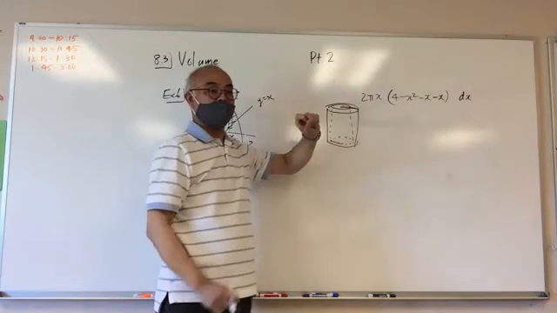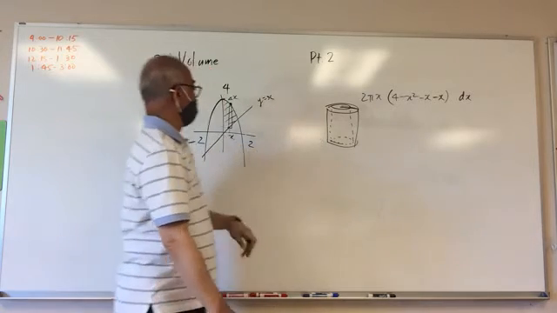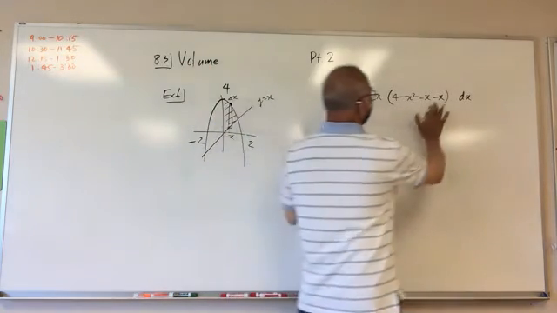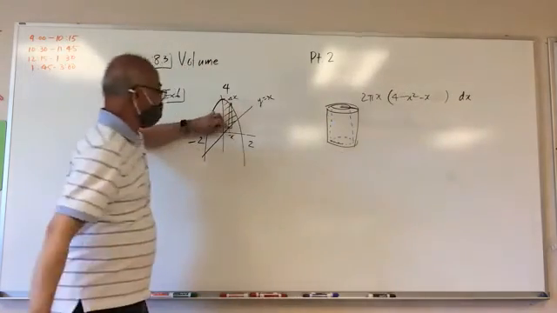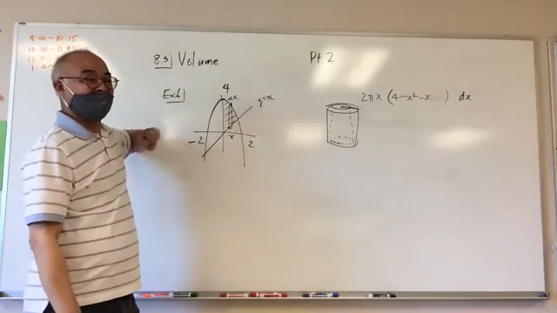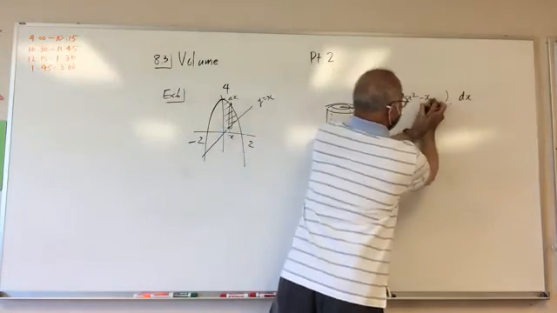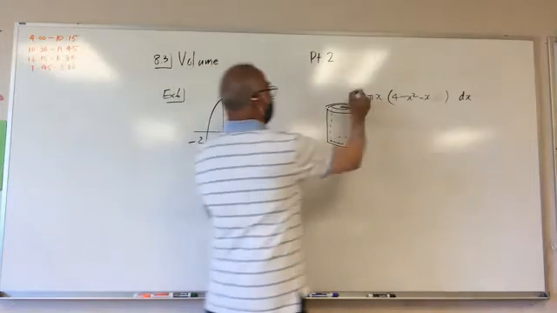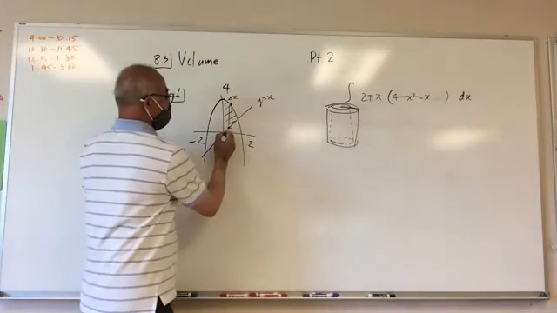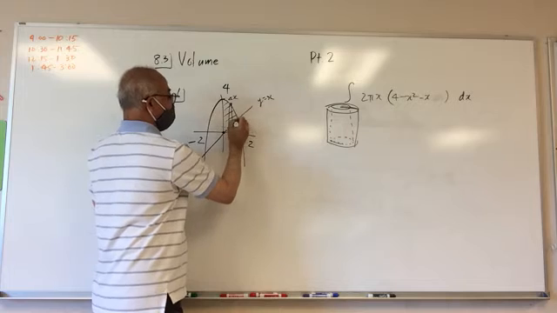So the integral is 2 pi x times 4 minus x squared minus x, dx, and I go from 0 to, oops, here, dang it.